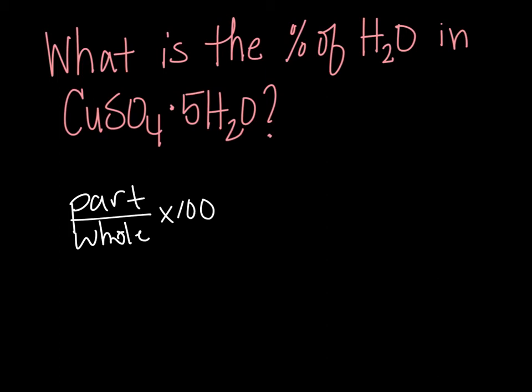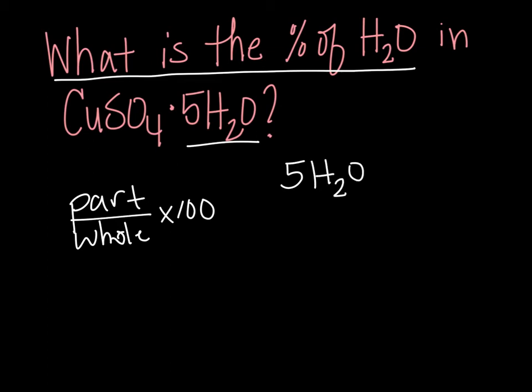So look at the question. What is the percent of water? That is our part. So we want to put the water on top, but look at our formula, 5 waters. So we're going to put the mass of 5 waters on top over the mass of the whole entire structure, part over whole.